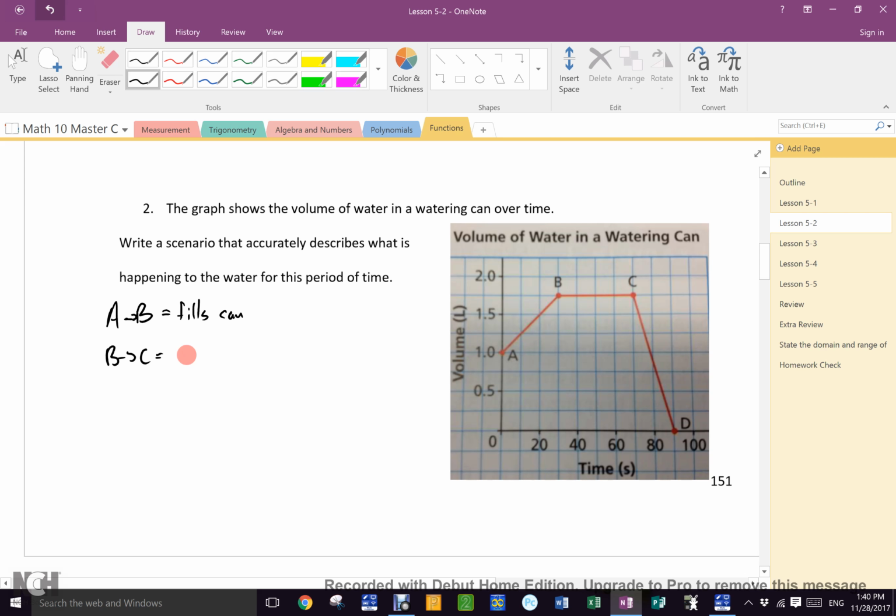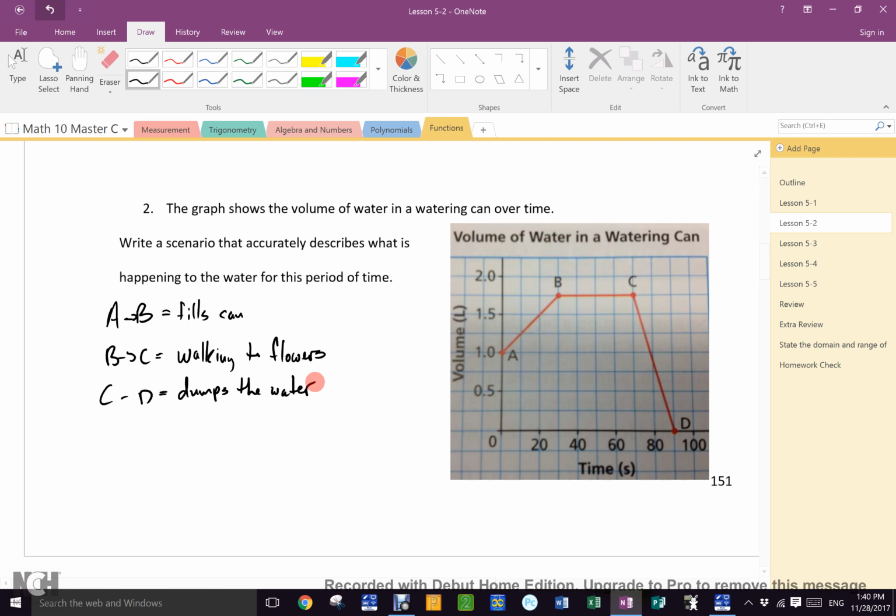Nothing. So I got to think something's happening though, because time is passing. So Jashin says she or he is walking to the flowers. And what happens from C to D? Dumps the water. Everyone agree?